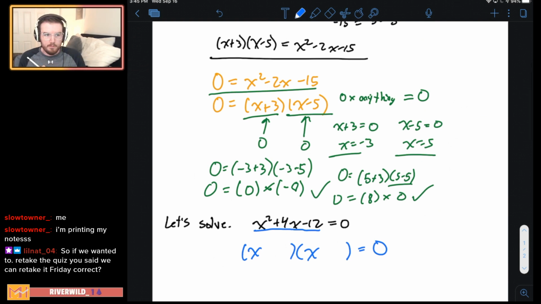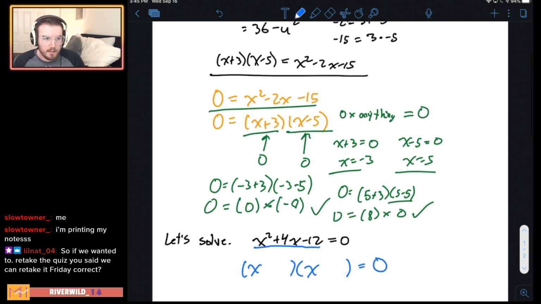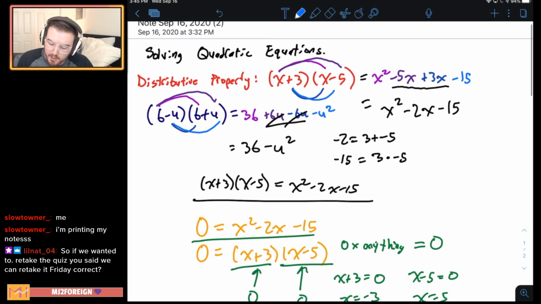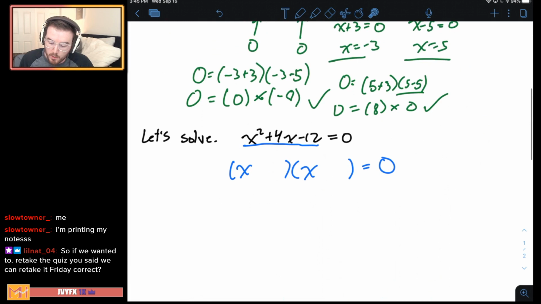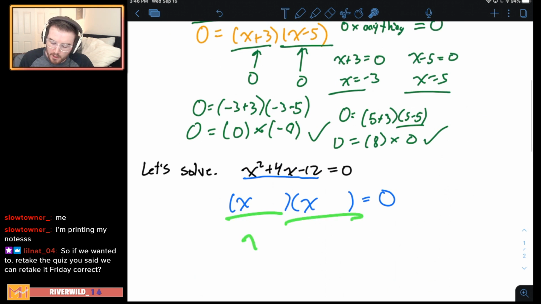That's the point. I'm trying to mimic what we had above. But I spoiled the answer, right? I already had the factors and we went this direction. Now I'm just giving you a random equation. So how do we come up with these factors so that we can solve for our two solutions, just like we did here? How do we come up with that?